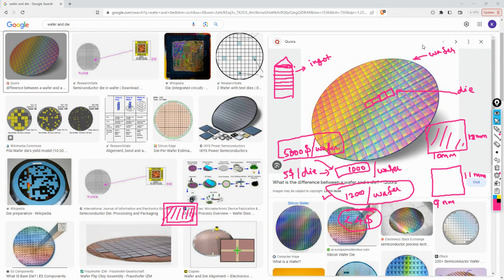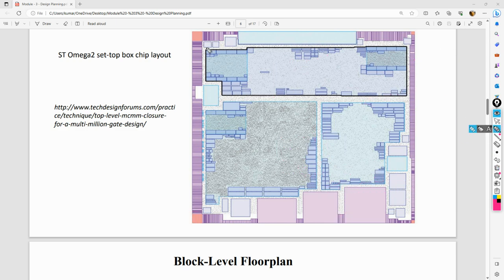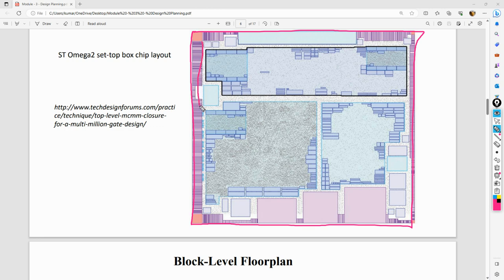So that die is nothing but this whole full chip. Whatever you see here, this whole thing is your die. This die again consists of something called IO pads, and then there are IPs, and then your logic.